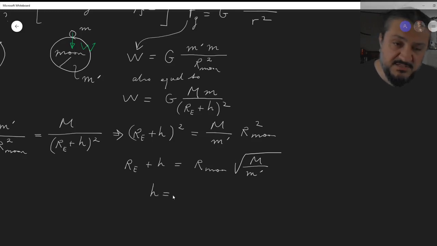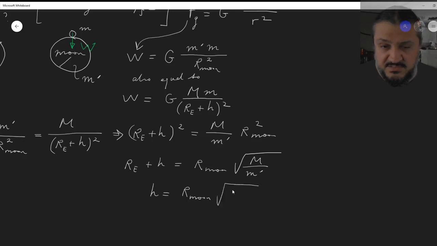Therefore, h is R moon times the square root of M over M prime minus RE.